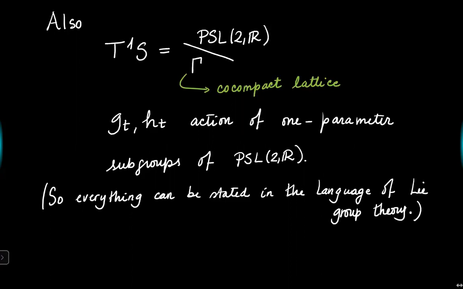And these flows, the geodesic and horizontal flows, can be seen as actions of one-parameter subgroups of PSL2R. So there's a completely algebraic viewpoint for this subject, and everything can be stated in the language of Lie group theory.